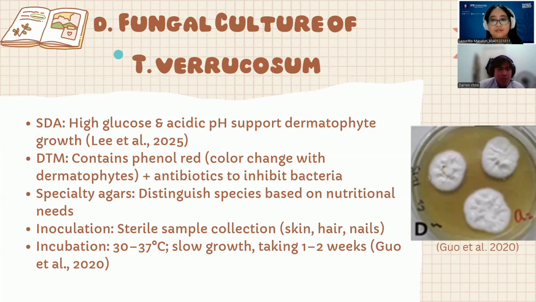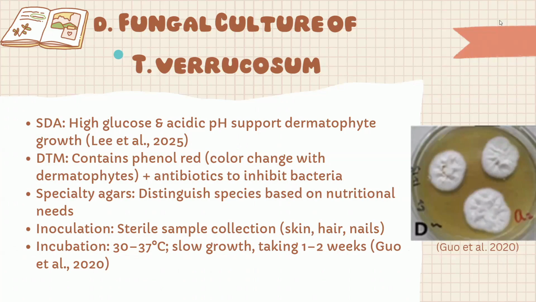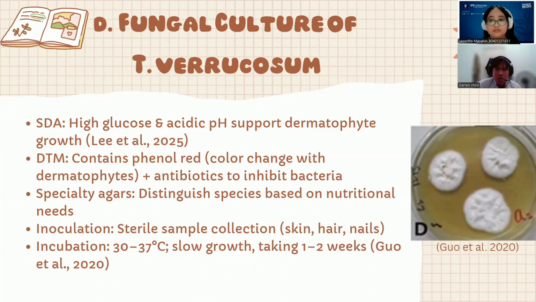Okay, so now it's for the fungal culture of T. verrucosum. To begin the diagnostic process, we cultivate the suspected fungal sample using Sabouraud dextrose agar or SDA. This medium is ideal because it has high glucose content and is slightly acidic, which is favorable for dermatophyte growth.